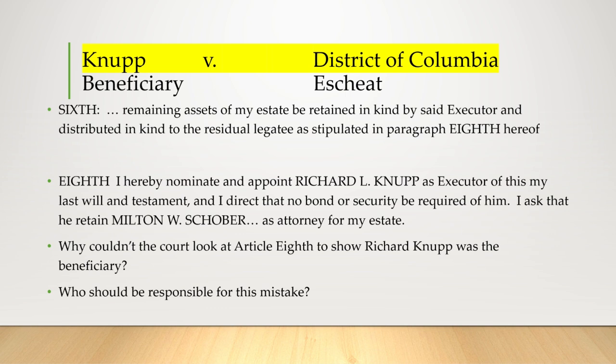Keeping in mind, Provision 6 is where the residual was distributed to the legatee in 8, but 8 only named the executor. District of Columbia gets the money because this particular testator had no heir.